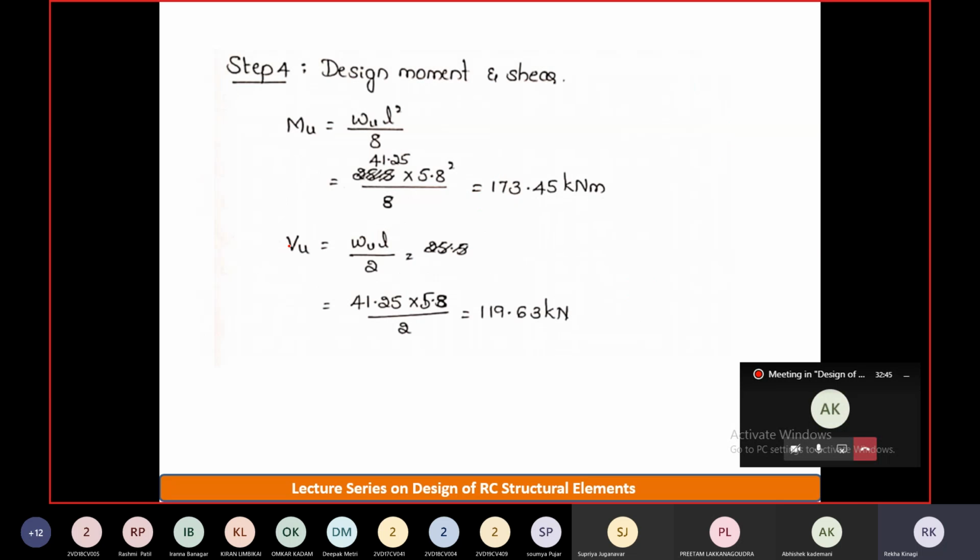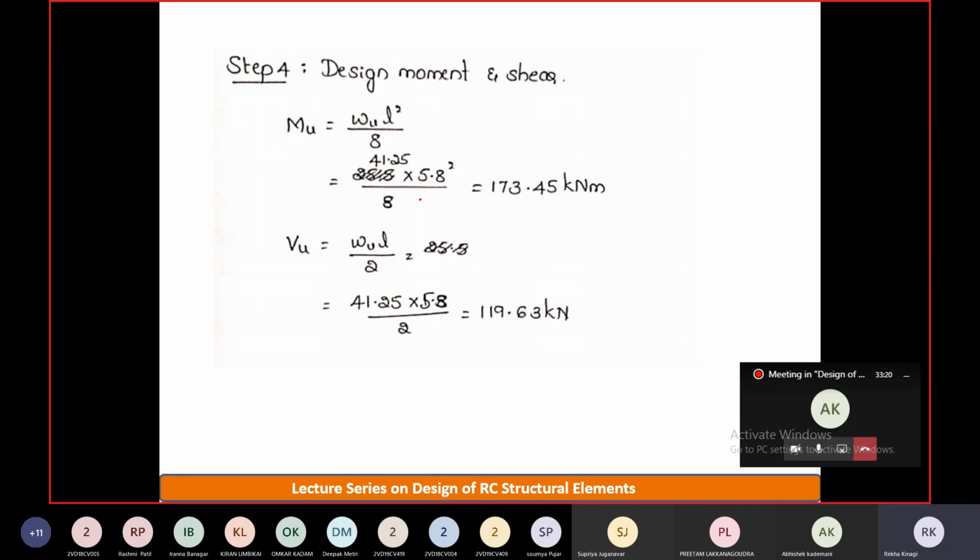The clear span is 5.5 meter, which has been given, and based on that we calculated the effective span to be 5.8 meter. So for all further calculations we need to consider the effective span, that is 5.8 meter.